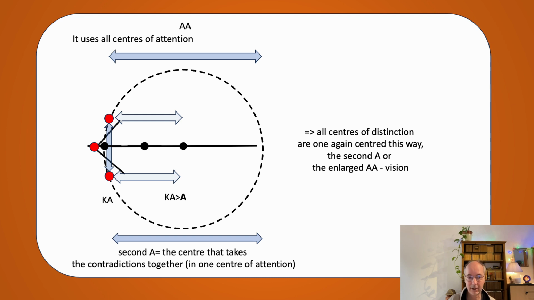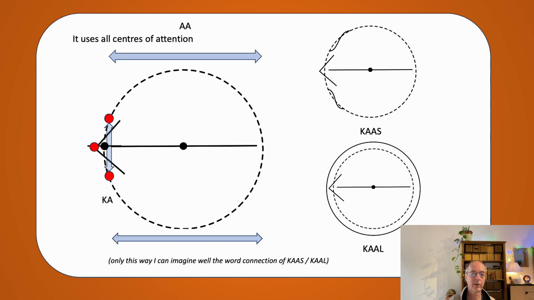And thanks to this double A, we can also express words with K and the double A, because then it will be clear enough. The distinction between all the elements will have the right distances and we can distinguish them quite well, as it is with two of the words that we can make.